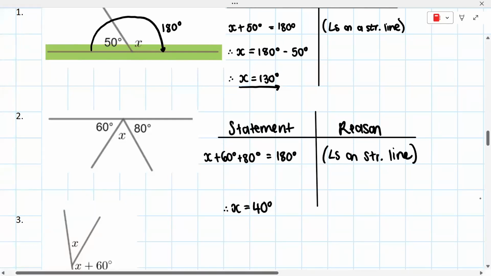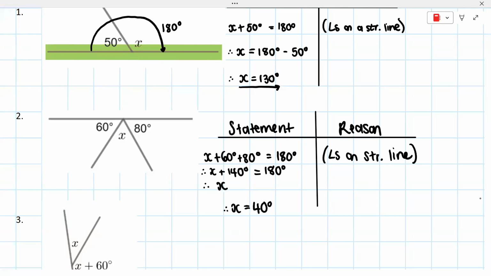And so what we now need to do is go and solve the equation. Now 60 plus 80 is 140. So we've got x plus 140 is 180. And using our inverse operations, we are going to subtract 140 on both sides. 180 minus 140 gives us that answer of 40 that Sinanya said.